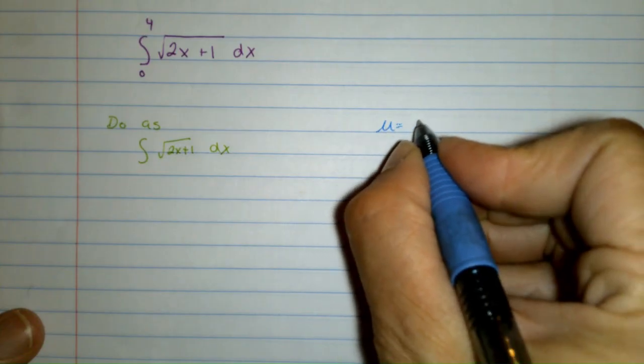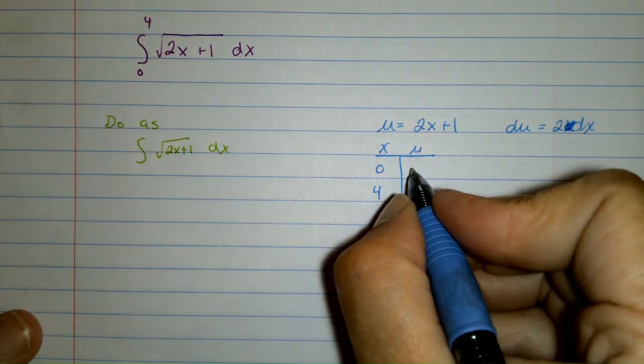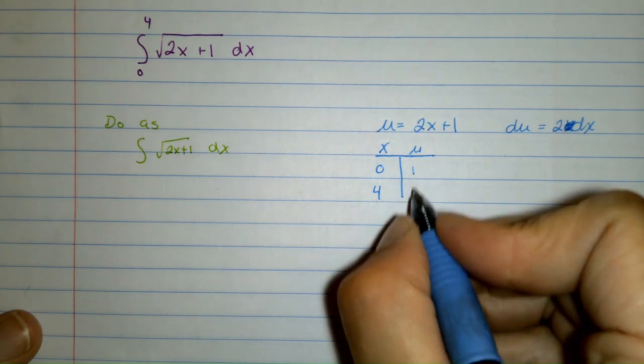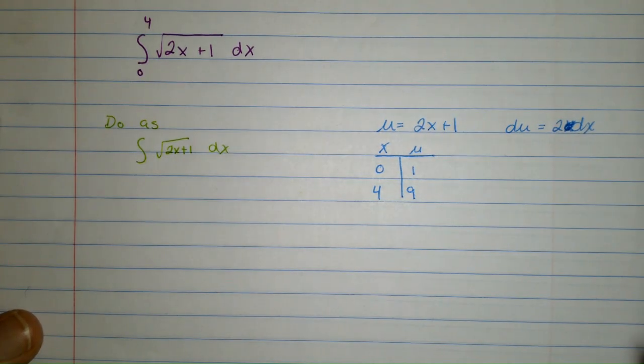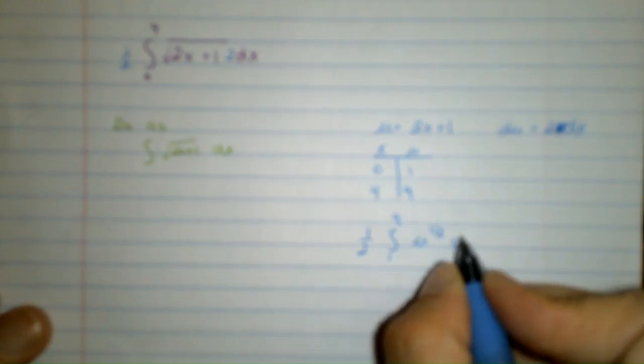So if u equals 2x plus 1, then du is going to be 2 dx. Now, for x, we have 0 and 4. So u would therefore be 1 and 9. Put a 1/2. 1/2 integral from 1 to 9 of u to the 1/2 du.